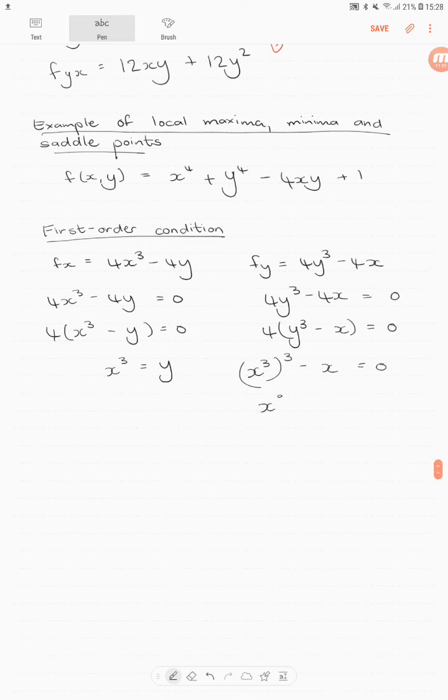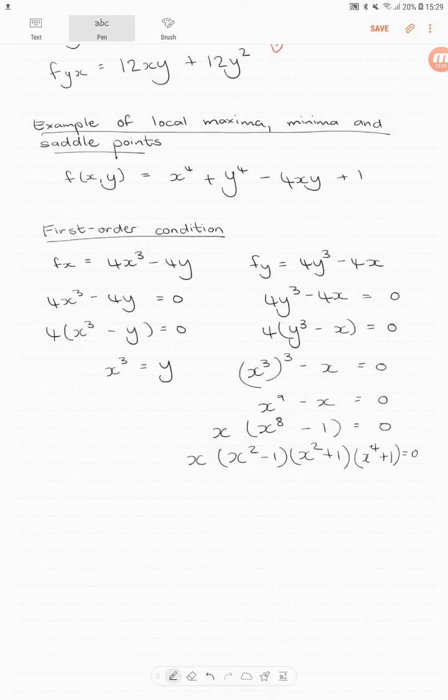Factor out x, and we get x times (x to the 8 minus 1) is equal to 0. So we can use an expansion for this function. So it's x squared minus 1, x squared plus 1, x to the 4 plus 1 equal to 0.